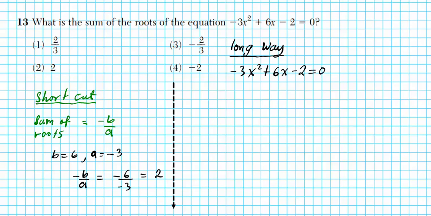It is important that you know how to solve quadratics for the Regents exam, because this question might be altered. I don't like the a being negative, so what I'm going to do first is multiply both sides of my equation by negative 1, just to flip the sign, so I'll have 3x squared minus 6x plus 2 equals 0.